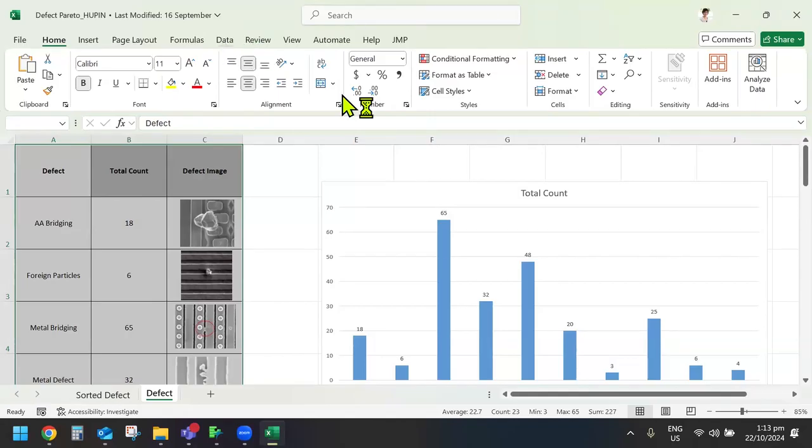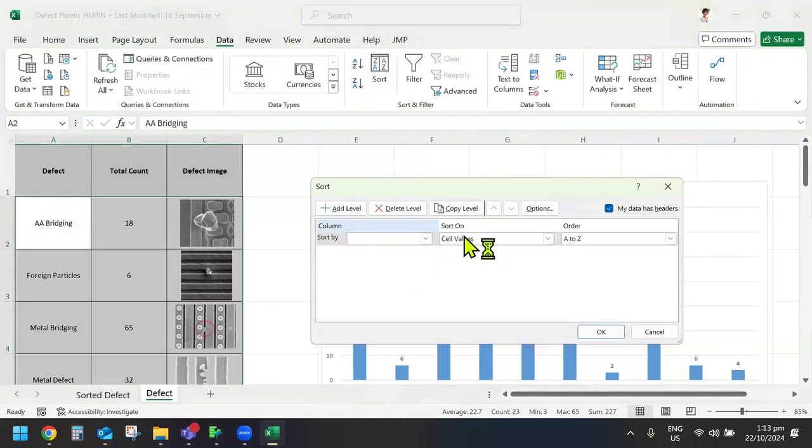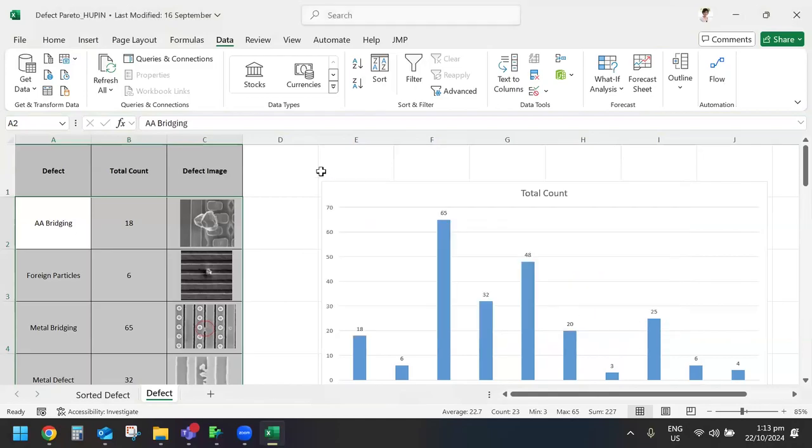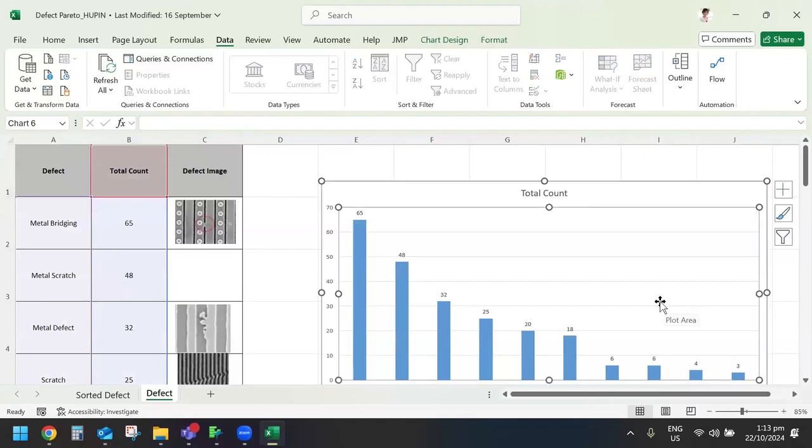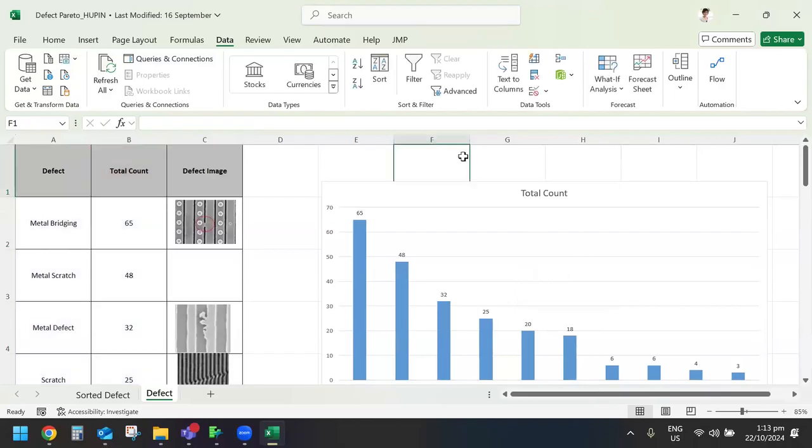I just sort my data based on the value of the total count. You can sort from largest to smallest. Okay, I sort my data and I get a nice Pareto chart. Of course, the accumulation line I didn't add. This is only for illustration purposes. I manually sorted my data.